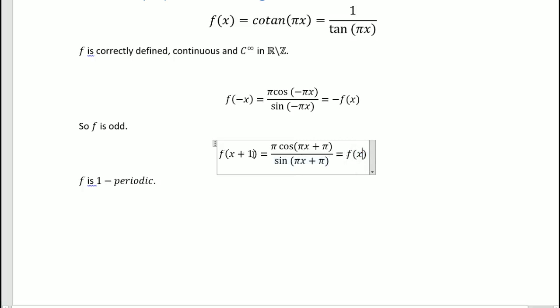So the function is 1 periodic, so every time you add 1 you'll find the same result. But it's true for all numbers that are not integers. So 0 is not defined, 1 is not defined, but 1/2 is defined, and f of 1/2 equals f of 3/2.